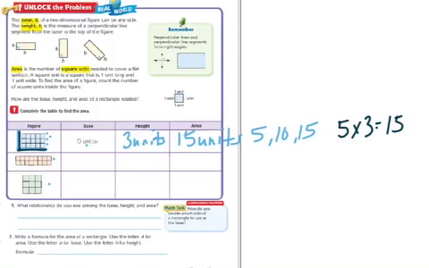How many units is our base? Well, you have to count all of those squares. So, 1, 2, 3, 4, 5, 6, 7, 8. So our base is 8. And I'm just going to put a U for units because I don't have enough room. And our height is only 2 units.